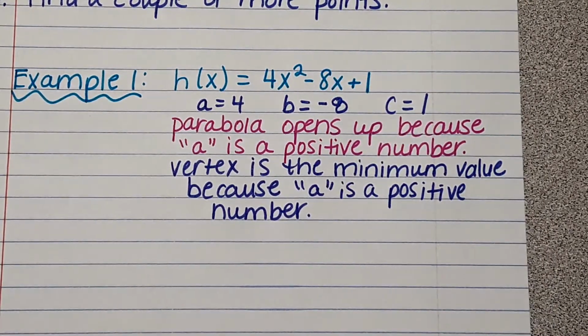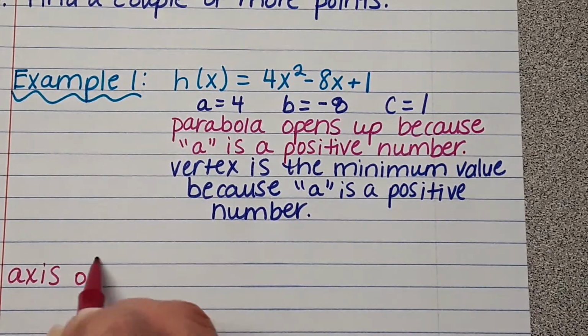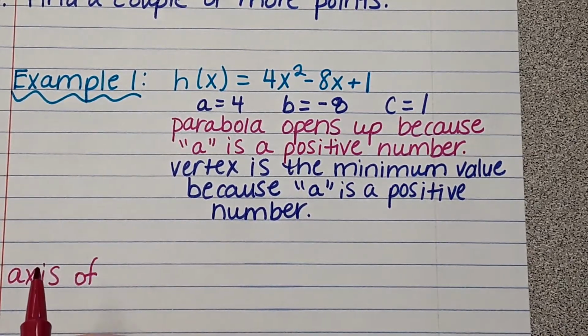Okay, so far we defined A, B, and C. We said our parabola opens up, and our vertex is the minimum value because A is a positive number. Now what we're going to do is find that axis of symmetry. You have to find the axis of symmetry because that's the first number in your vertex.